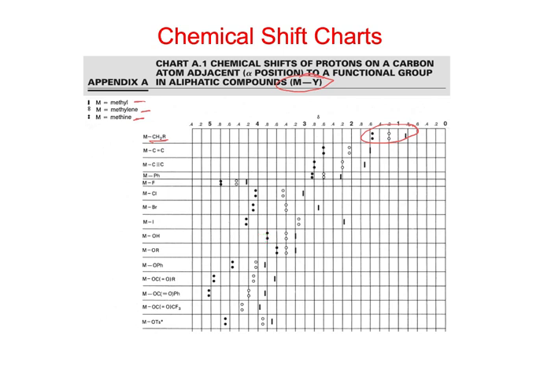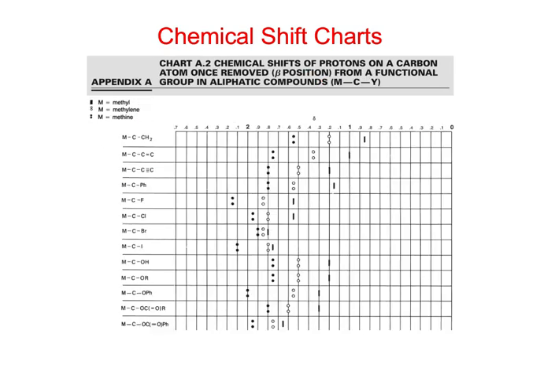Okay. There's another table that is a kind of a beta effect if it's the next carbon away. So it's separated by a carbon. So here we have either methyl, methylene or methine, and if the functional group is 2 carbons away, here methyl carbon and then CH2, then these are the chemical shifts.